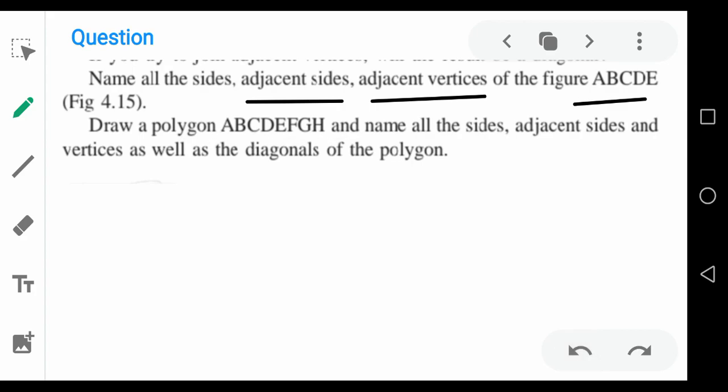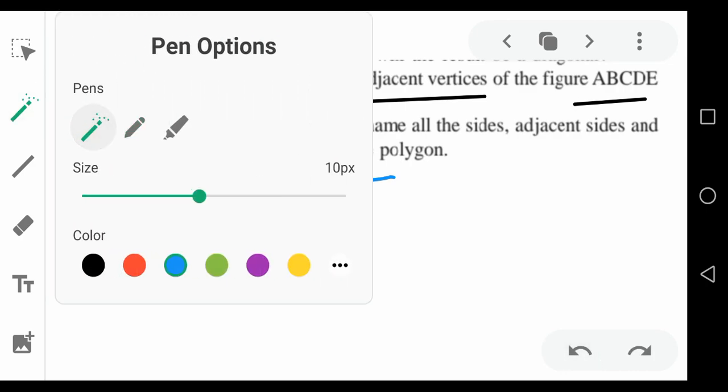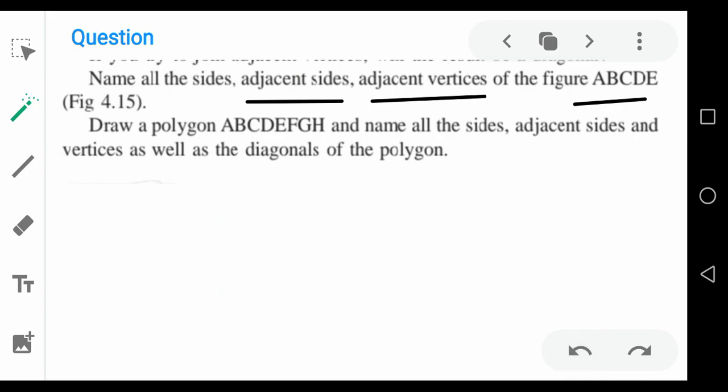Okay, so we are going to draw an 8-sided figure. I will start from here. 1, 2, 3, 4, 5, 6, 7, 8.